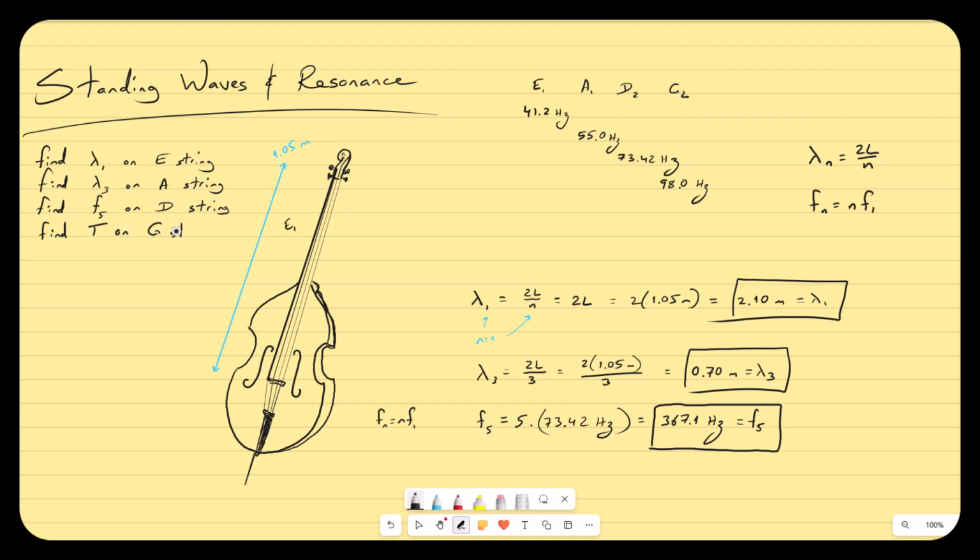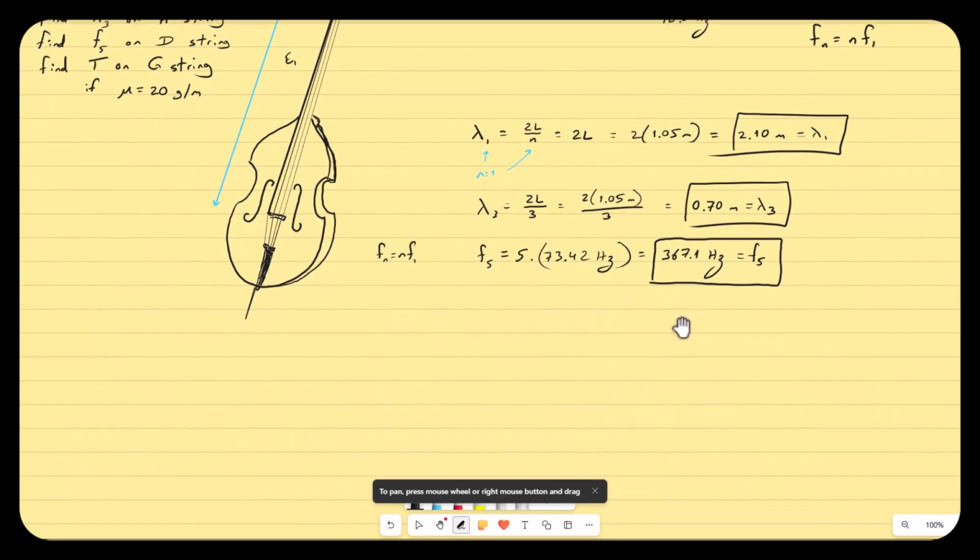Let's find the tension on G if the string that we're using for it is about 20 grams per meter, which is typical for this string. It's a whole lot lighter than the E string. I'll come back to that too. So if my mass density is 20 grams per meter, that means this is 0.020 kilograms per meter.